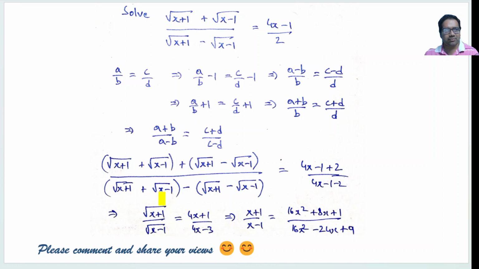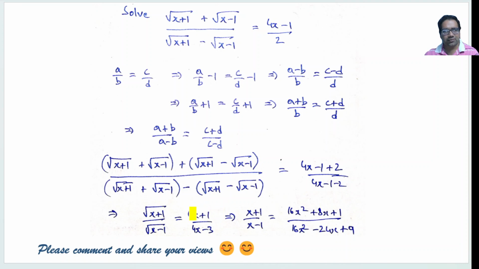Then what can we do again? Here we can square now, because both are square roots only. That becomes x plus 1 by x minus 1 equals the square of this entire thing.